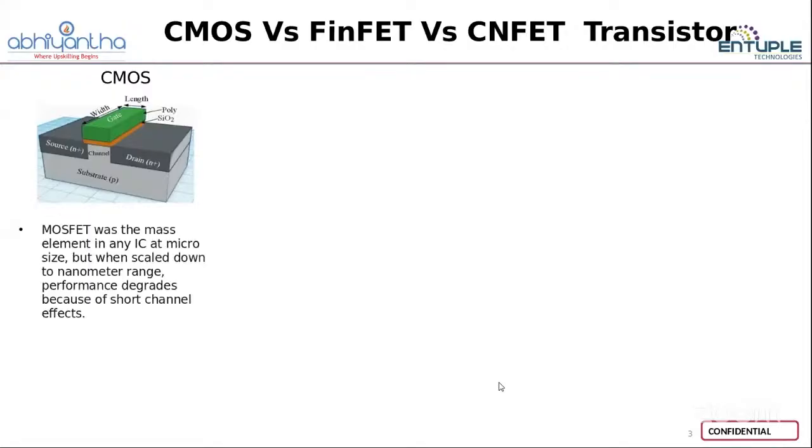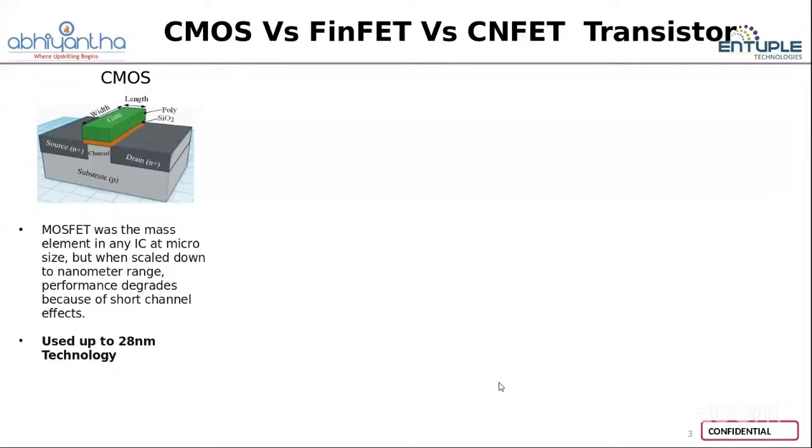The CMOS basic device has more short channel effects, and it is comfortable in terms of withstanding and reliability up to 28 nanometer. We started with 180 nanometer, and it works very well up to 28 nanometer.